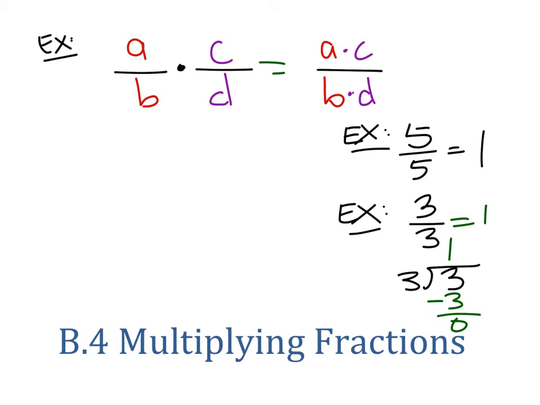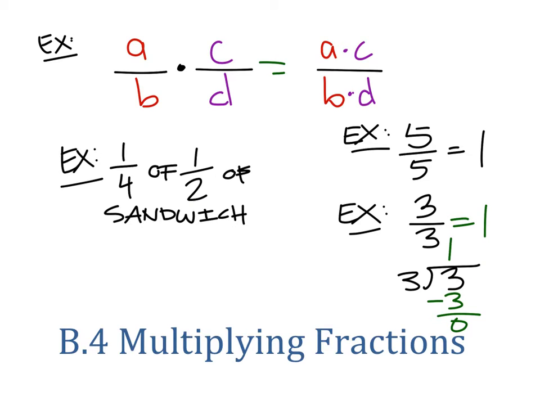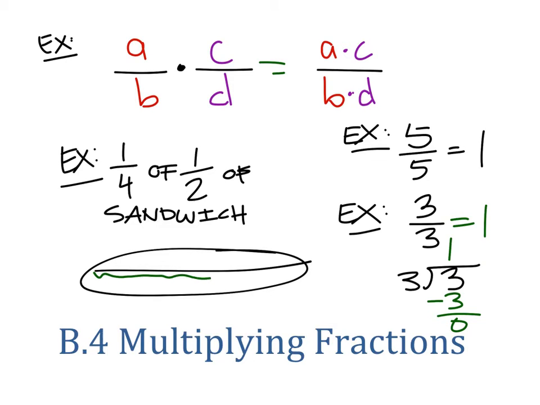Now, another way to look at this may be with a more concrete example. Let's say that I had a fourth of a half of a sandwich. If I had a fourth of a half of a sandwich, right, and we could draw a picture on this thing to see, got some lettuce in there, maybe some bacon strips, or maybe like ketchup and lettuce.